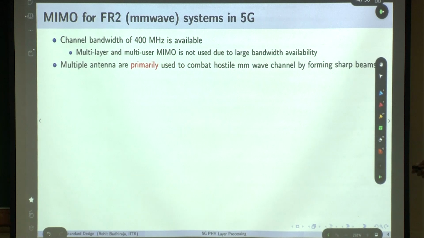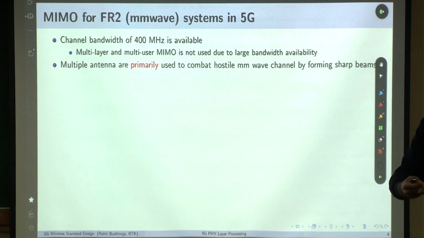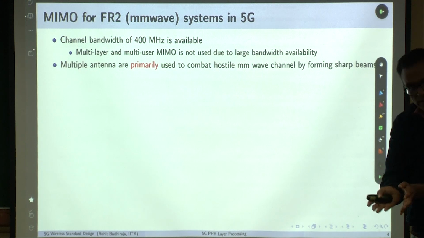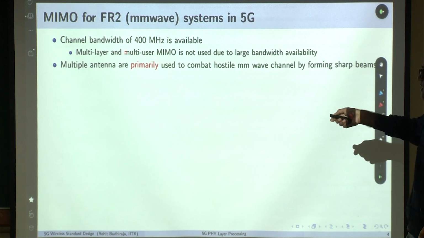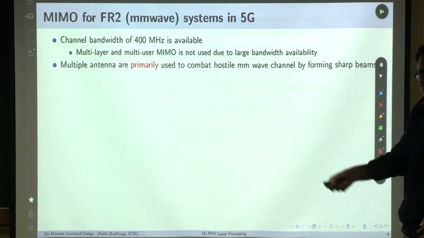But they have their role. Even for FR2 systems, these multiple antennas have their own role. They are primarily used to combat the hostile millimeter wave channel, because the channel becomes very poor over there; a signal cannot travel a longer distance. You do not have this constraint, but you have another constraint.